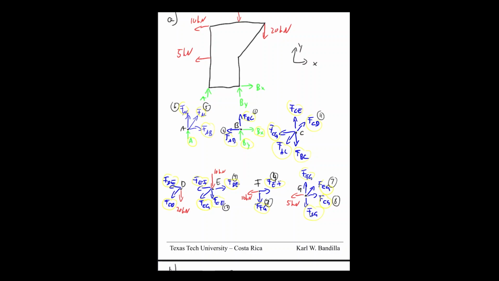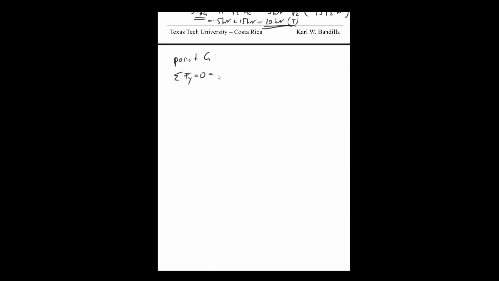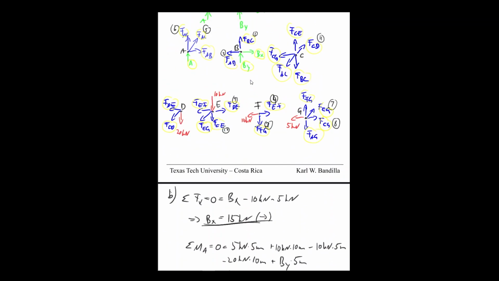So we have minus FAG and minus FFG, and plus FFG. Minus FAG plus FFG. Those we hopefully know. And then plus FEG.